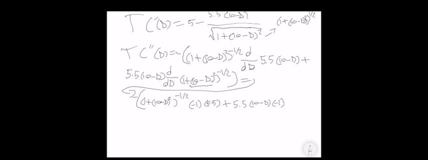Now from the outer part, the derivative of a constant is 0, so the 1 gets cancelled out. So it's just times 2, then times (10 minus d).